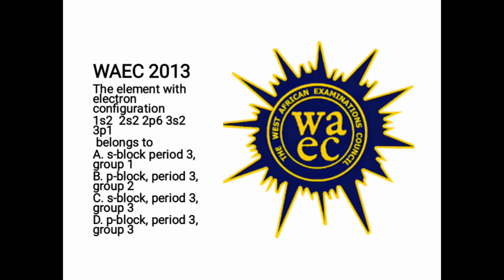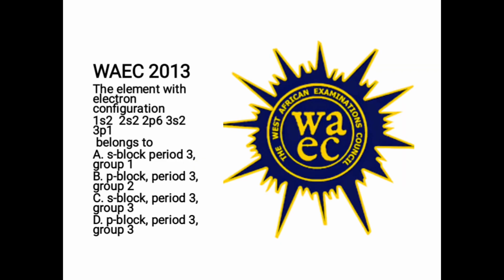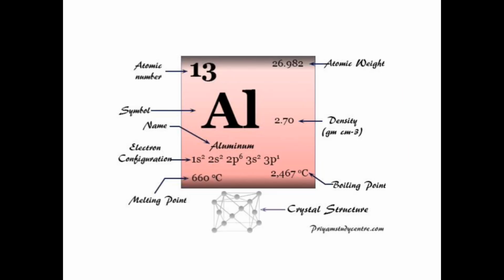That means they are talking about aluminium here. Aluminium is in period 3 like we have mentioned, and in group 3, and because it's ending with p, definitely it is a p-block element. So the answer is D.